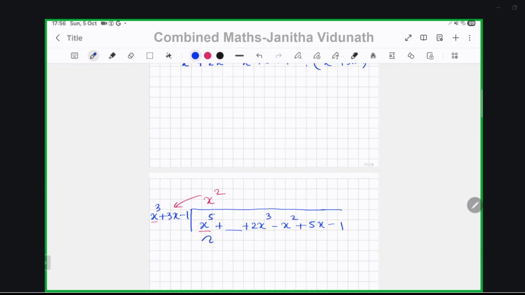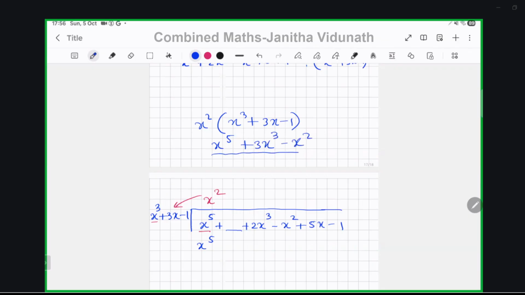Then it will result x to the power 5. Let me repeat. X square need to multiply with the entire divisor. Then it will give the result x to the power 5 plus 3x cube minus x square.